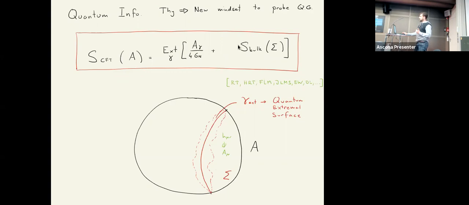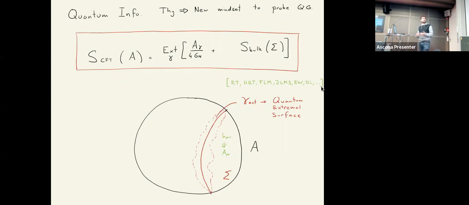And you add to that the entanglement entropy, this time of the bulk fields that propagate on the space-time. So you could have gravitons or scalar fields or gauge fields. And you compute this quantity for arbitrary surfaces, and you look for the extremal one. And the extremal one is called the quantum extremal surface. And then the value of this functional on the surface gives you the CFT entanglement entropy.